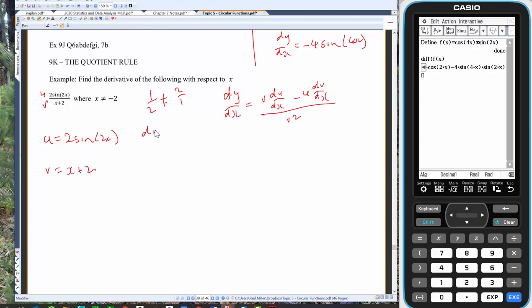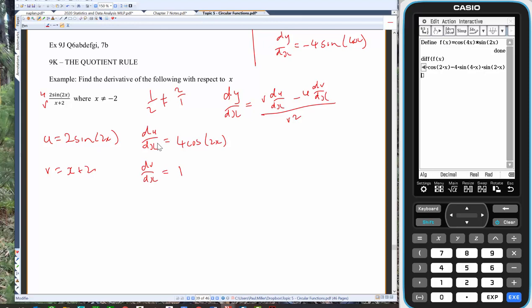Now let's get our derivatives. du dx: the 2 comes out the front of what's already got a 2, so 2 times 2 is 4 cosine 2x. dv dx is just 1. Boring.